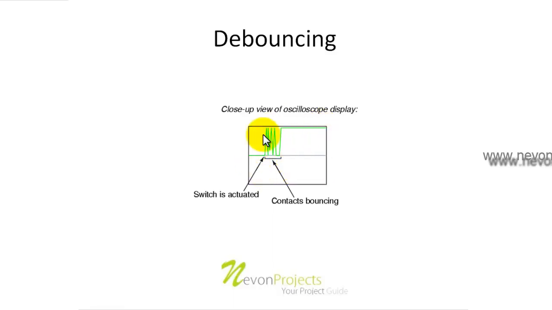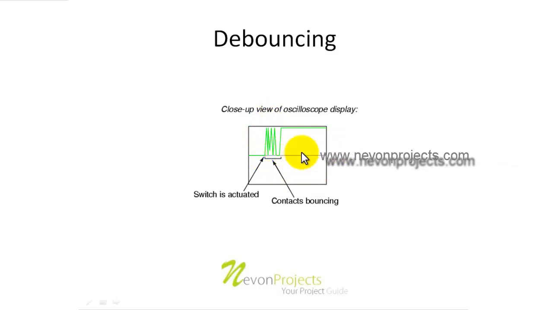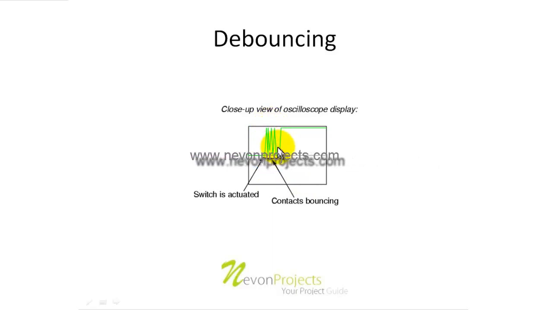So in this situation, when a switch is actuated, you can see these spikes. These are actually recorded from an oscilloscope, and we are displaying a close-up view of it. So you can see that there are very sharp spikes before it goes fully stable to a stable high.